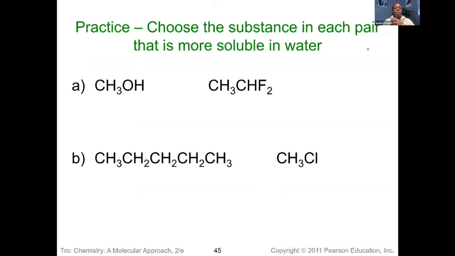And so here, again, solubility is impacted by these intermolecular forces. We might say that our CH3OH compared to CH3CHF2, well, that solubility piece, what we're really looking for is similar intermolecular forces. So because letter A, the one on the left, can have hydrogen bonding, it's more similar to our water.